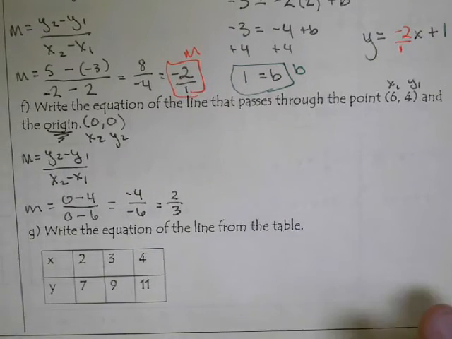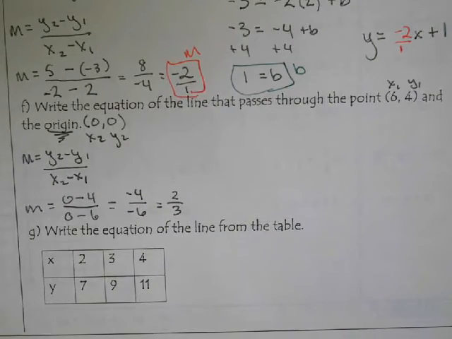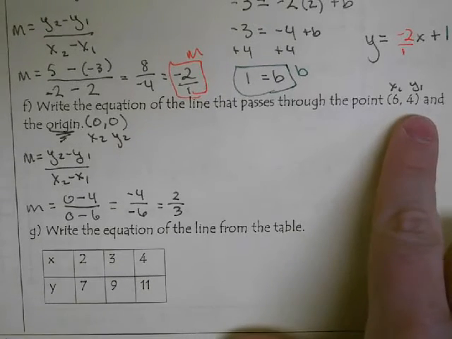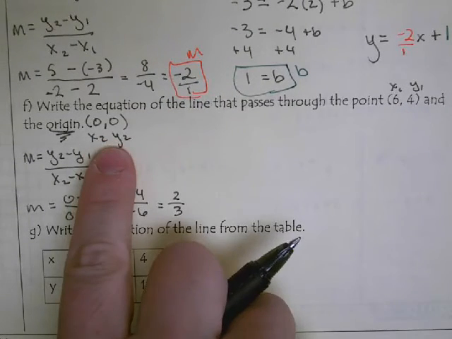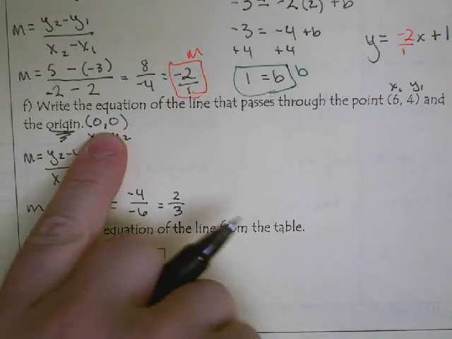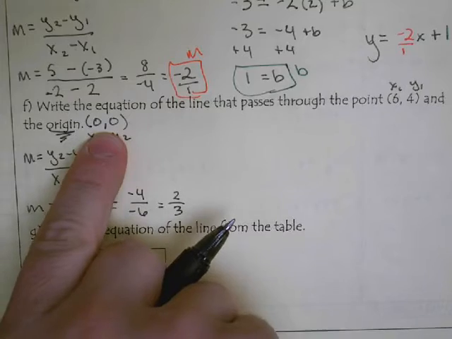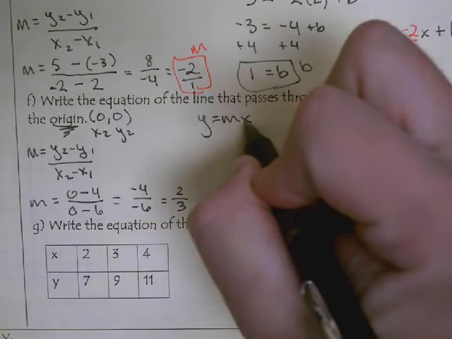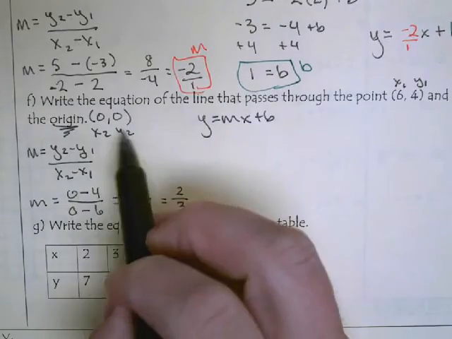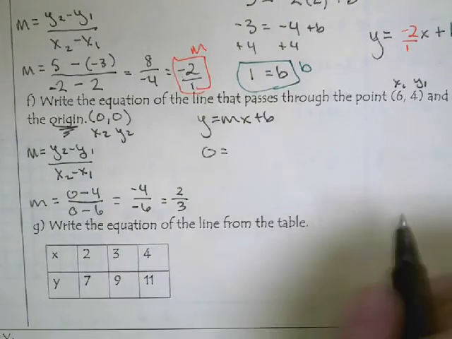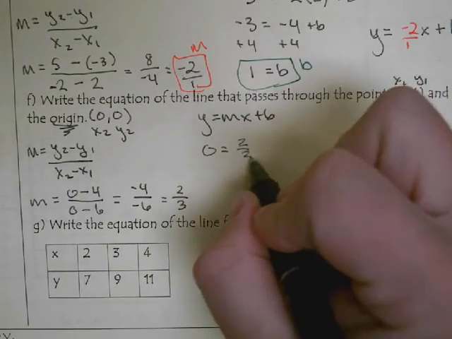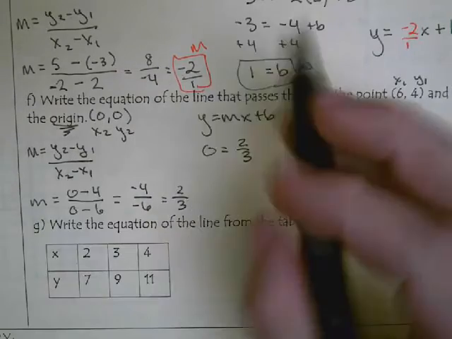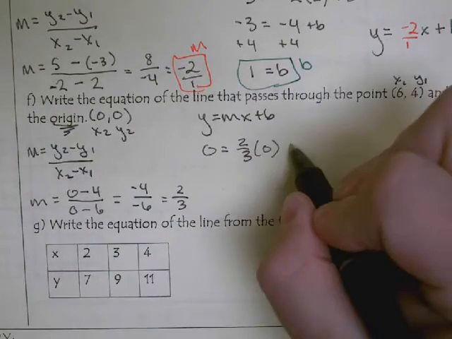Now let's pick a point to use. I know in the first one I used x1, y1, but here we have x2, y2 is 0, 0, and oh my goodness, is 0, 0 easy to use, so let's use that. So we're plugging into our equation y equals mx plus b. I have a y, 0 equals 2/3 is my m, times 0 from my x plus b.